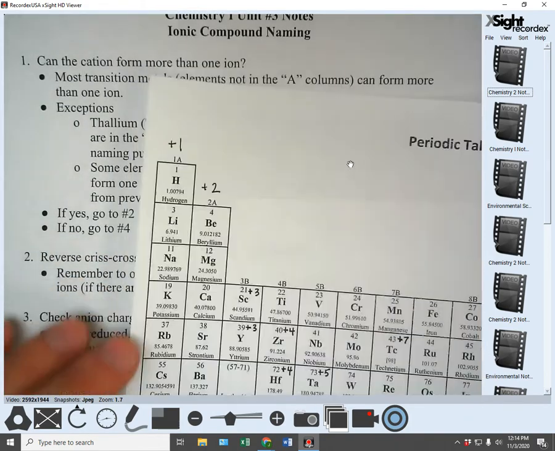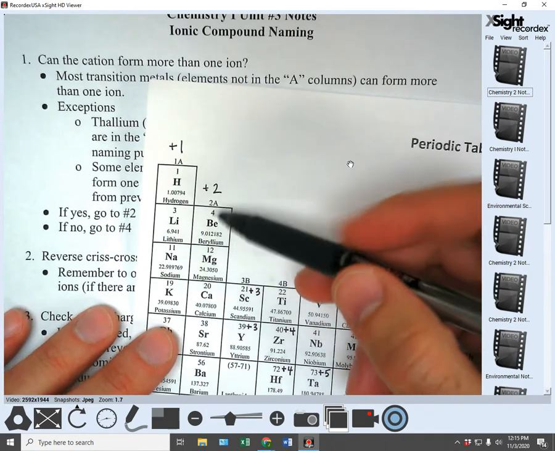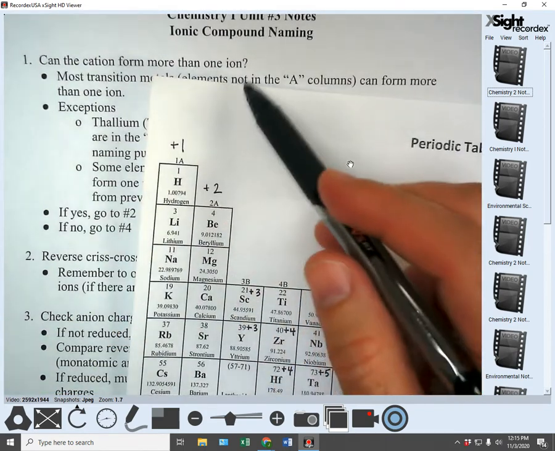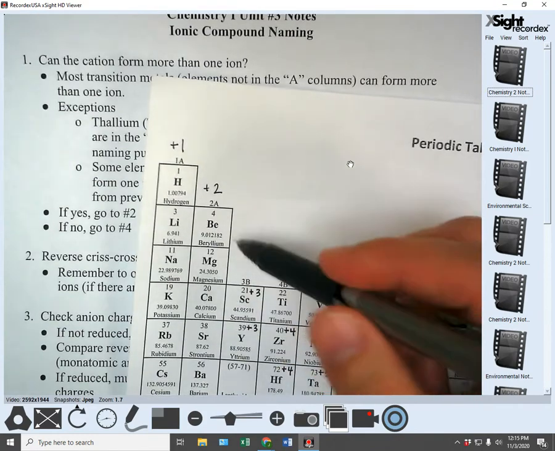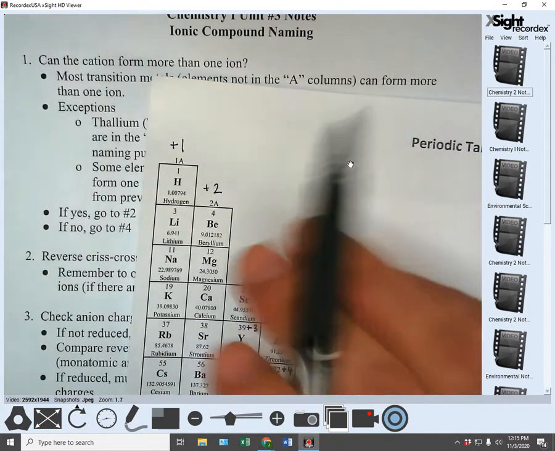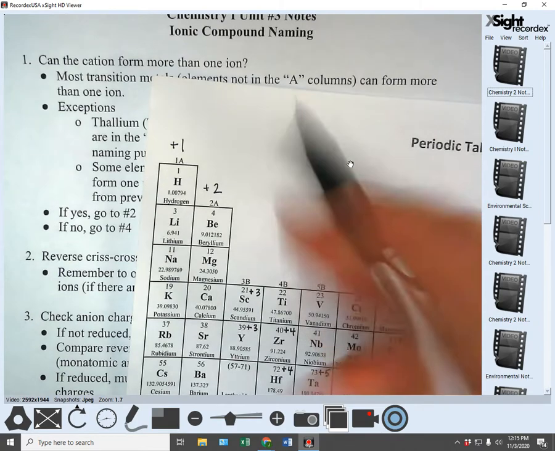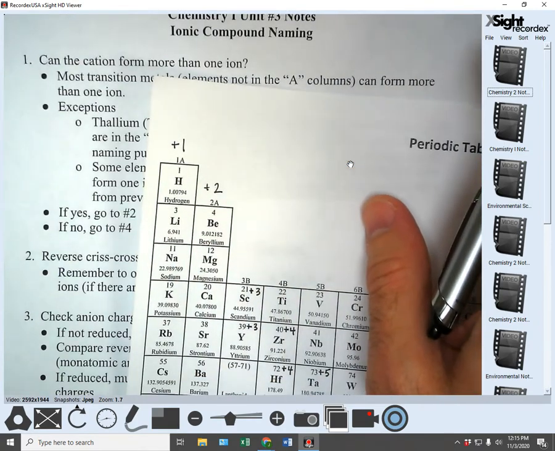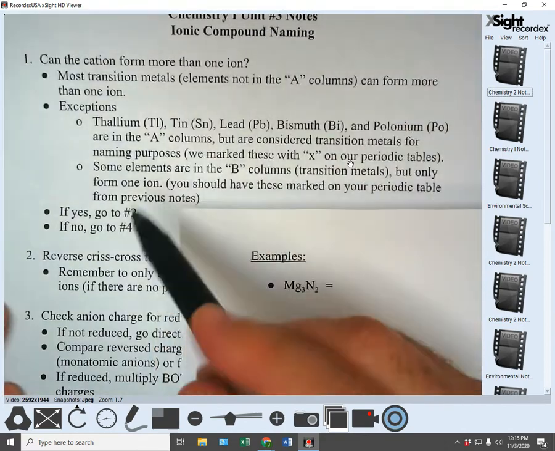Mg is right here. The ones that form more than one ion are the ones that we don't know the charges for. If we can figure out the charge by looking on the periodic table, it only forms one ion. Mg is in the 2+ category, so it only forms a 2+. So the answer to number one is no.